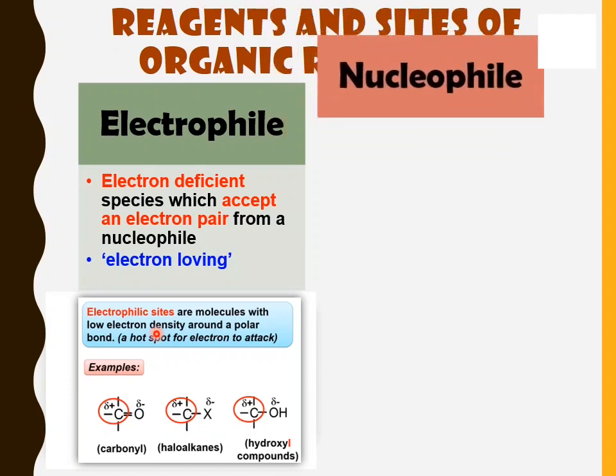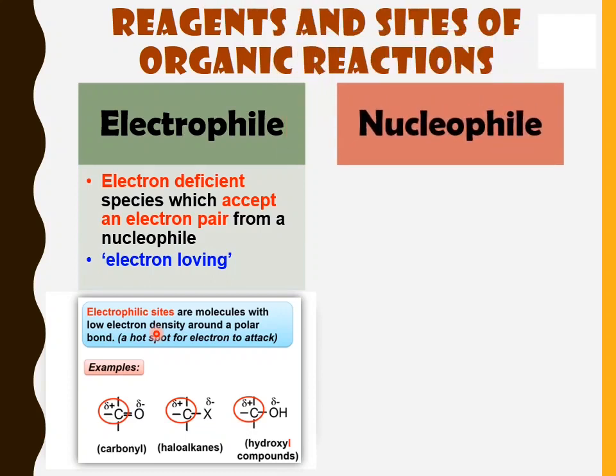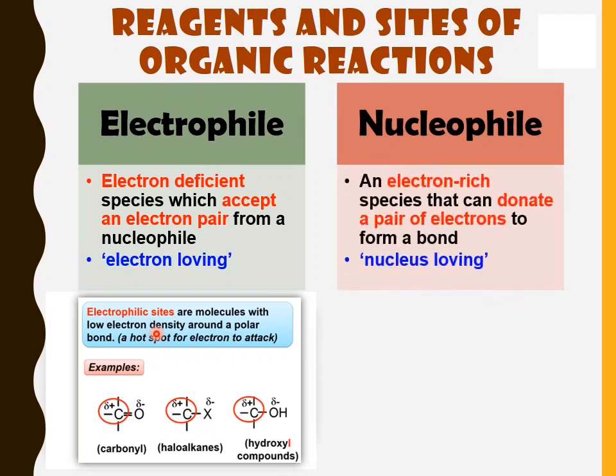Next, we have nucleophile. So, nucleophile is an electron-rich species that can donate a pair of electrons to form a bond. Normally, nucleophile can be called nucleus-loving.